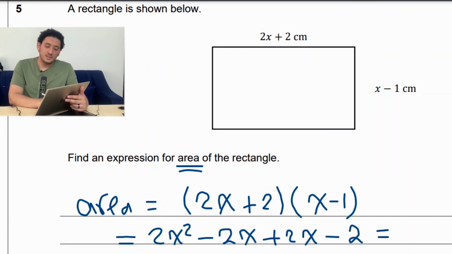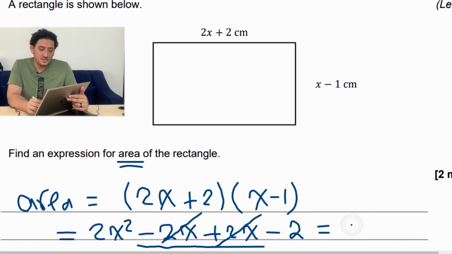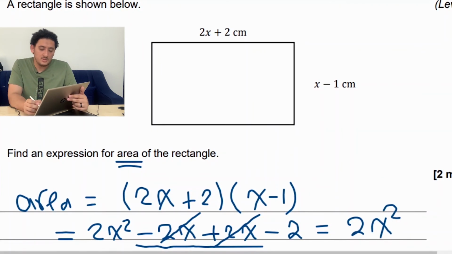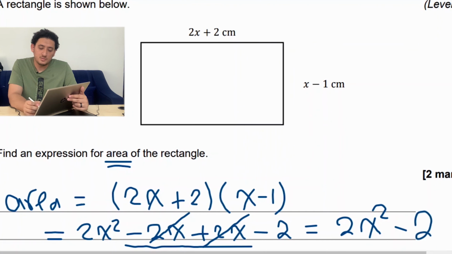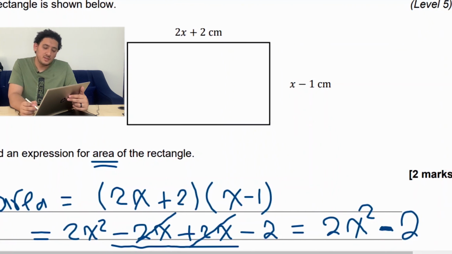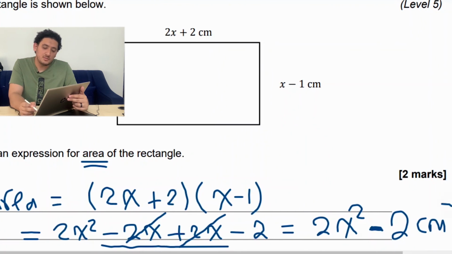After that, we will collect the like terms, which are negative 2x and positive 2x. Delete them. The final answer is 2x squared minus 2. And don't forget the unit, it's centimeter squared.